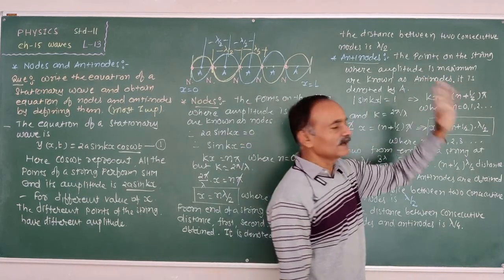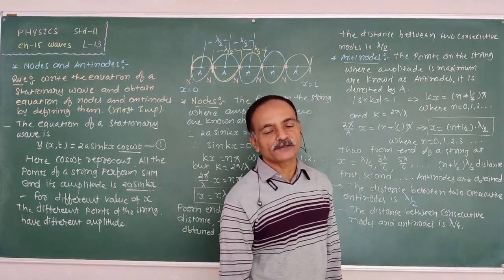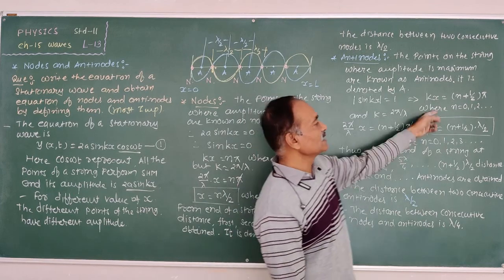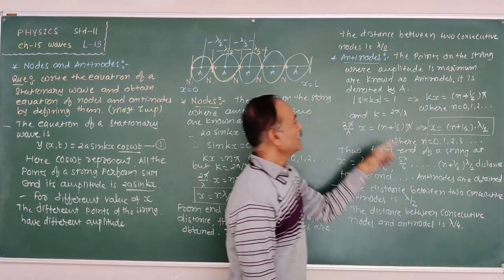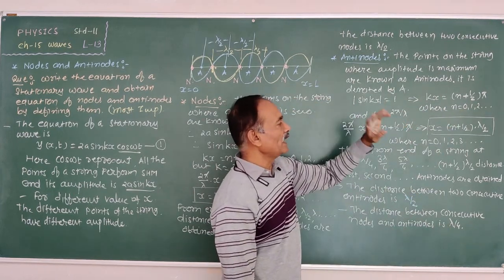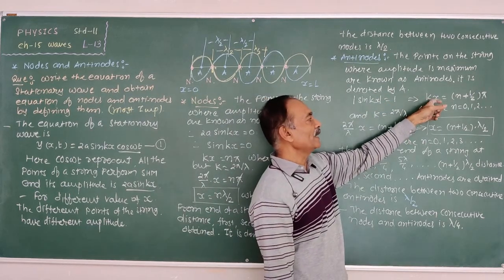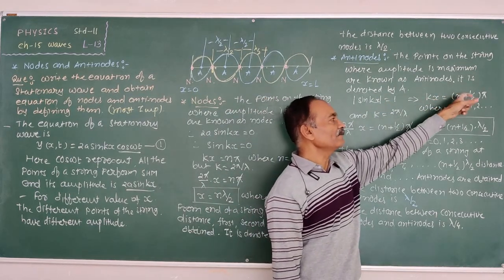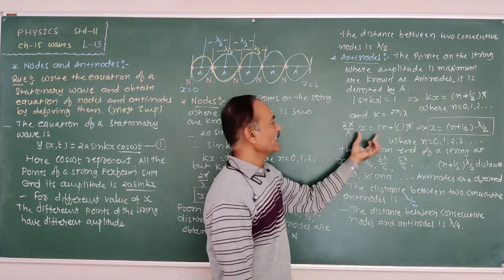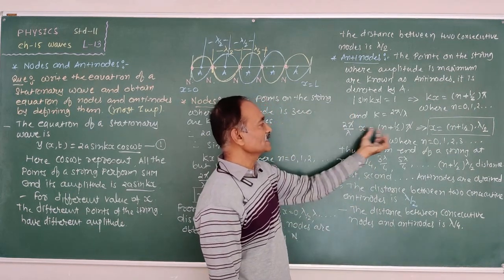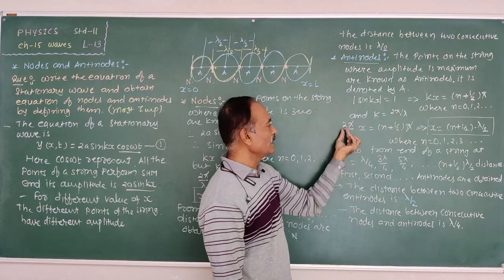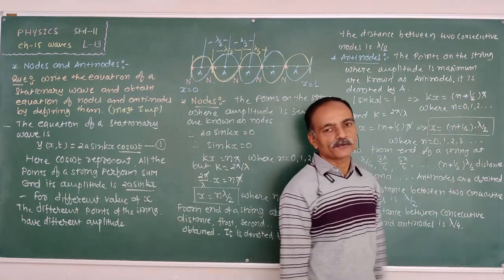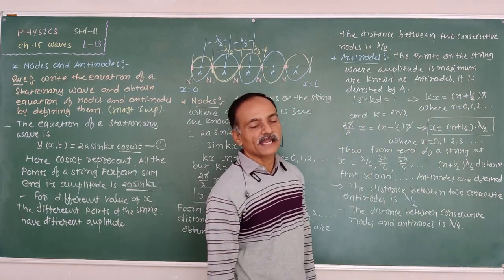Therefore kx is equal to (n plus 1 by 2) into pi, where n is equal to 0, 1, 2. Also k is equal to 2 pi upon lambda. Substituting here, 2 pi upon lambda into x is equal to (n plus 1 by 2) into pi. Pi cancels, so we obtain x is equal to (n plus 1 by 2) into lambda by 2, which is the equation of antinodes.